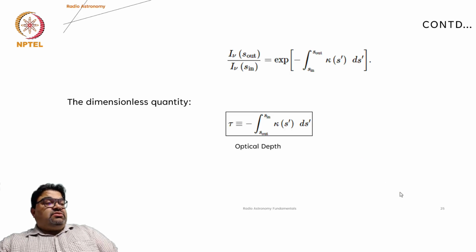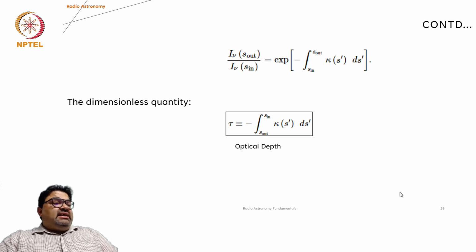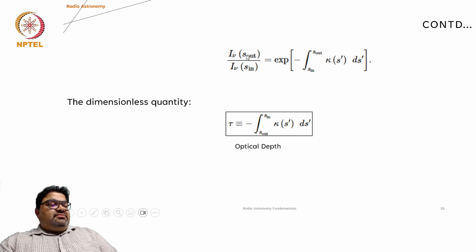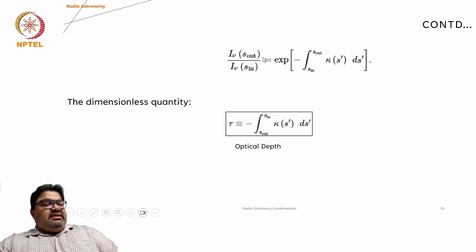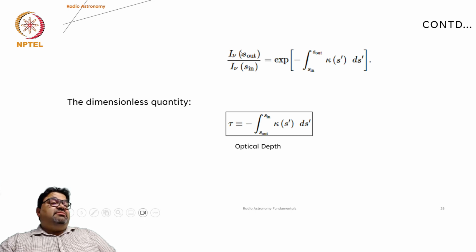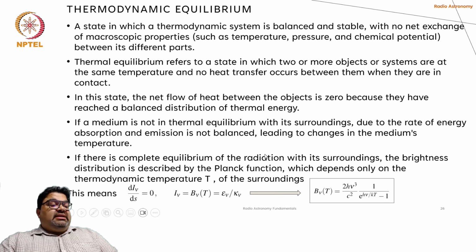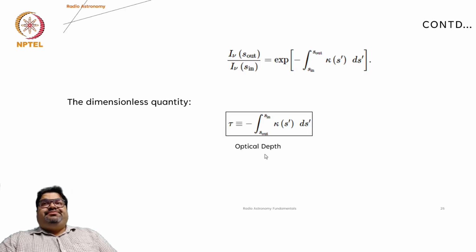If you rearrange that, you finally get that I_nu at the final end, when it comes out of the medium, over I_nu when it was incident, is given by exponential of minus tau, where tau is the integral of kappa(s) ds, which is referred to as the optical depth of the medium.